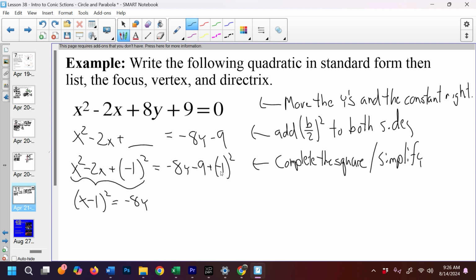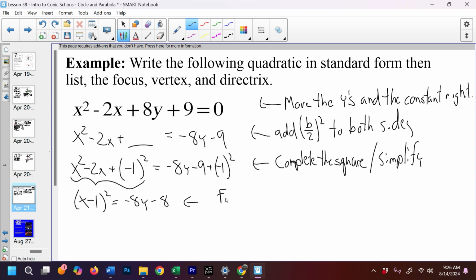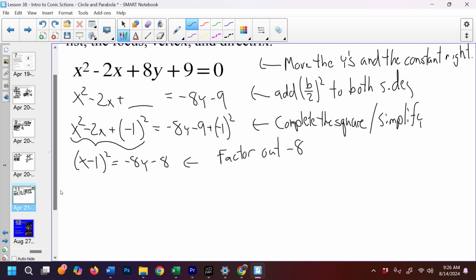Negative 9 and 1 would be negative 8. And so I get it into this form right here. I'm going to factor out a negative 8. That'll give me x minus 1 quantity squared is equal to negative 8 times y plus 1. And so there is my standard form.